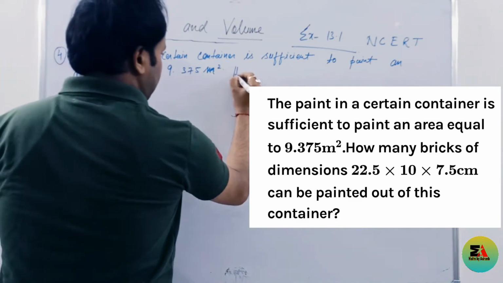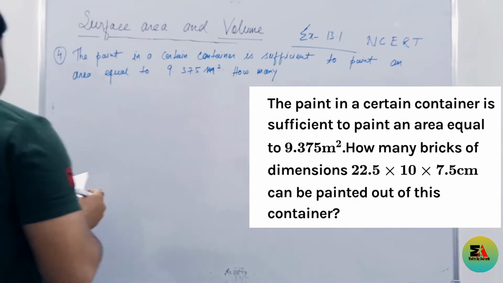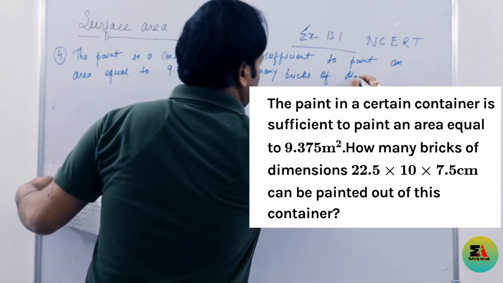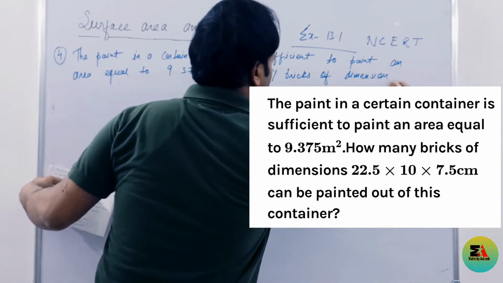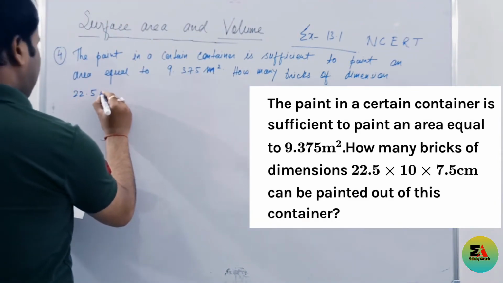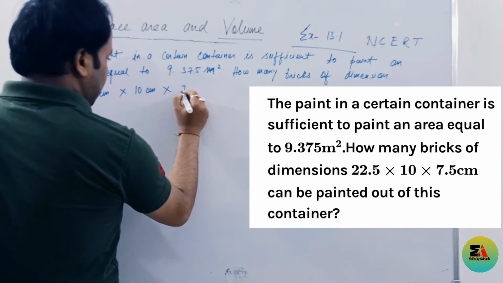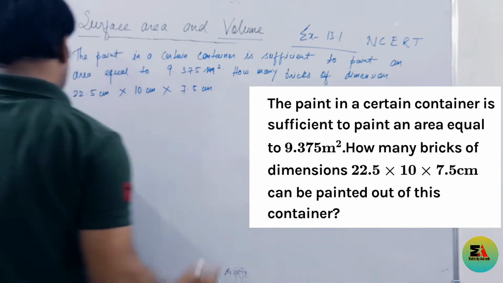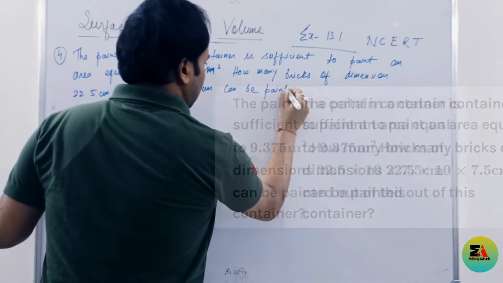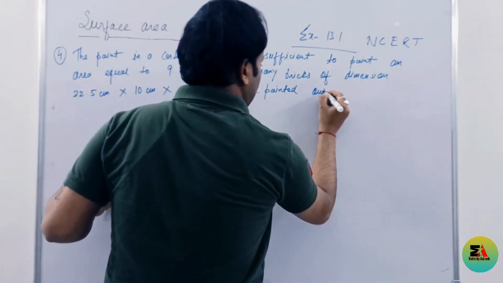How many bricks of dimension 22.5 centimeter into 10 centimeter into 7.5 centimeter can be painted out of this container?